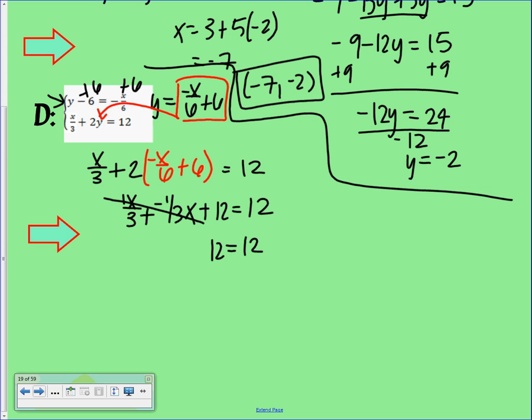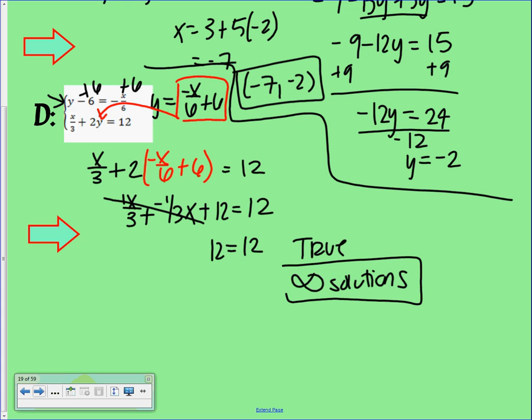So this is going to be one of those interesting cases where we just don't have one solution. We either have infinite solutions or no solutions. Well, 12 equals 12 is a true statement, so my final answer is going to be infinite solutions, because what's really happening is these are 2 ways to write the exact same line. So it's got an infinite number of solutions.